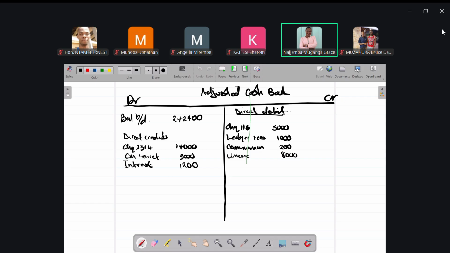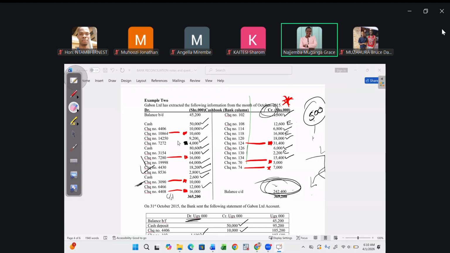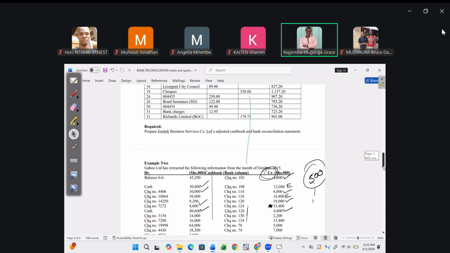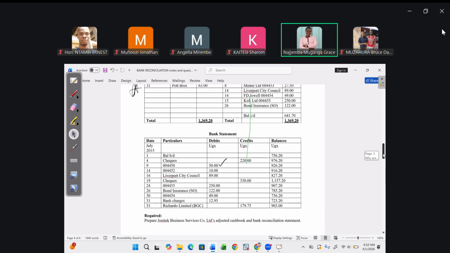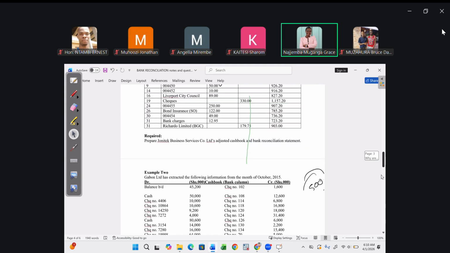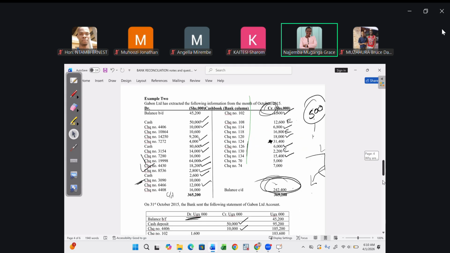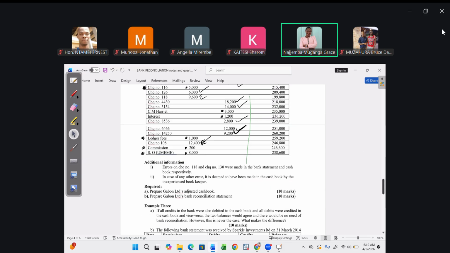When correcting errors, it is very important for us to start with the errors that have been included in the question. For instance, we have some errors where we are told that check number 118 and 130 were made in the bank and cash respectively. So which one was made in the bank statement? 118.